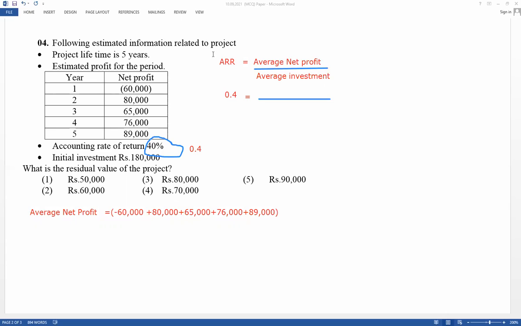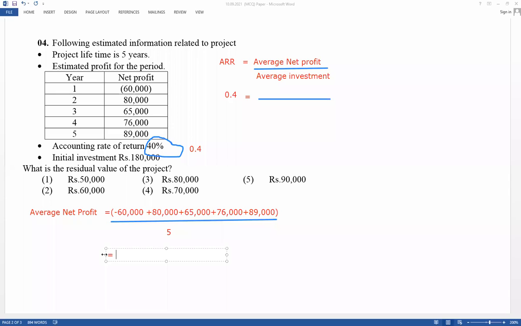Therefore, number of years is 5. From the beginning, try to calculate average investment. Number of years equals 5. Average net profit can be calculated. It has given a loss in year 1. Therefore, take the total profit. Think accounting rate of return, this is an MCQ paper, a capital investment decision.